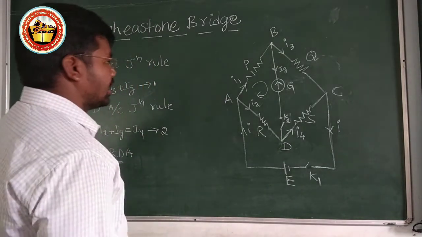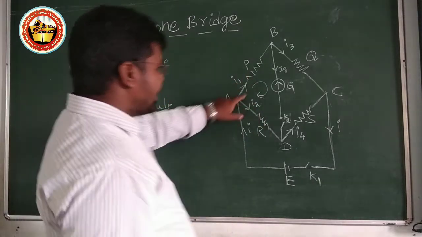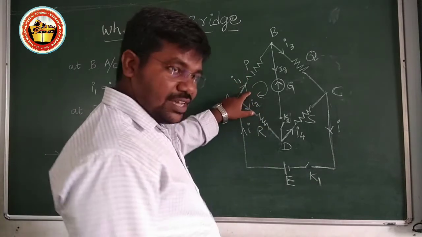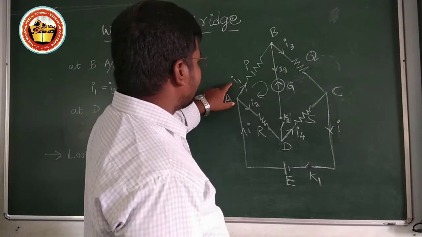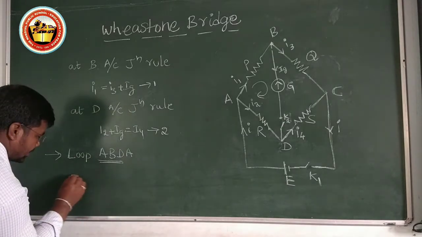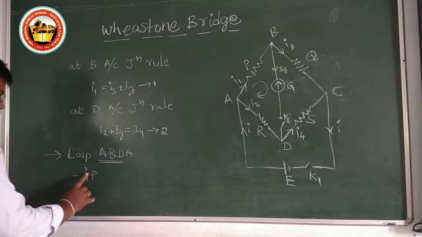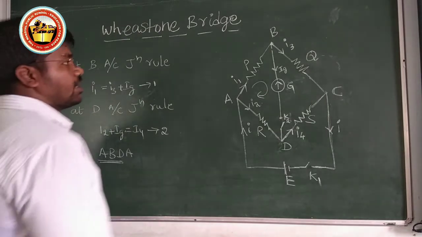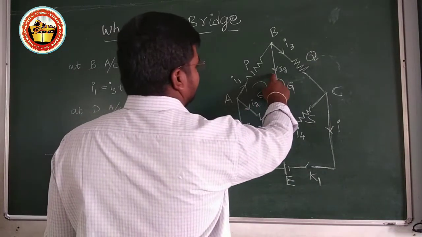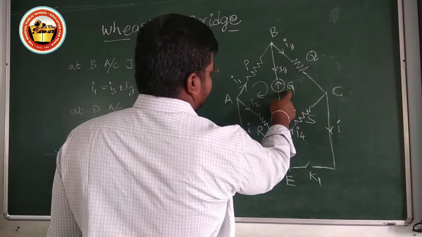So we have to write, we can start from P. The current direction and the clockwise direction are the same. That's why we have to take minus I1 P. See here IG, the current is IG and the resistance is G.